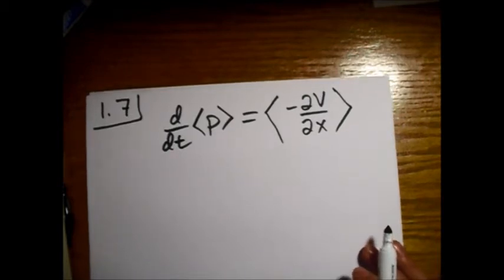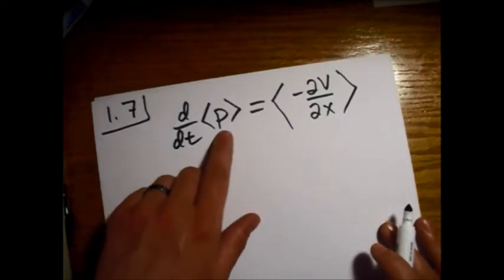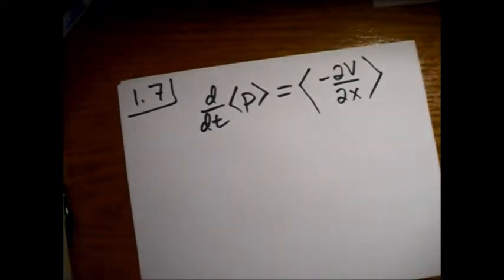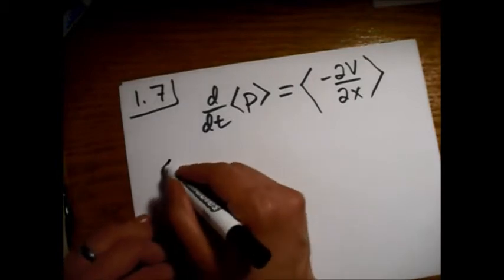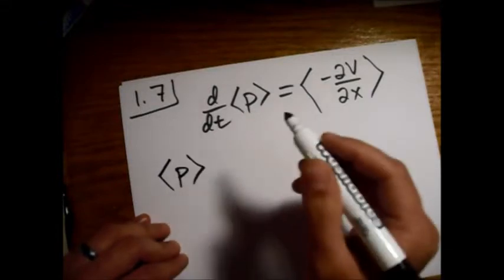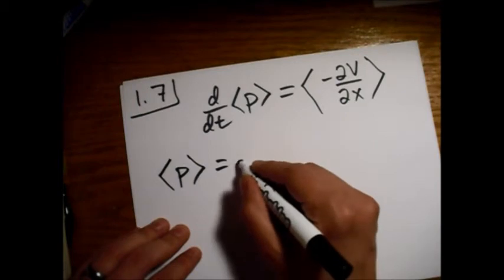All right, so I'm going to start with an expression for the expectation value of momentum that Griffiths gives us in equation 1.33. So this is just a convenient place to start this.